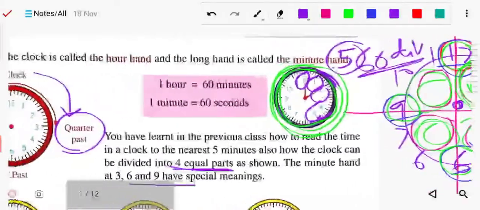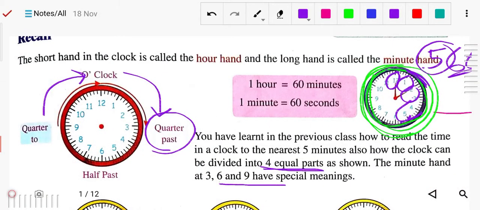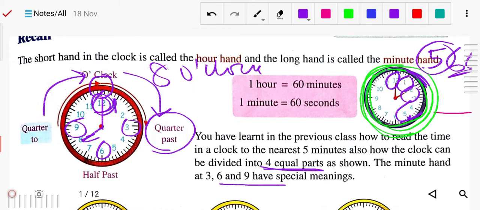Now, if the exact time is here, exact time means the minute hand is at the 12. Suppose your hour hand is at 8 and the minute hand is on the 12. As I told you, 12, 3, 6, and 9 have a special meaning. So if the minute hand is on the 12, you can say exactly 8 o'clock.